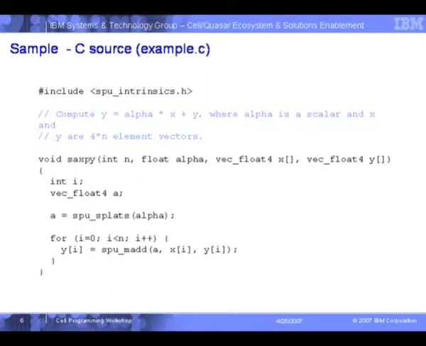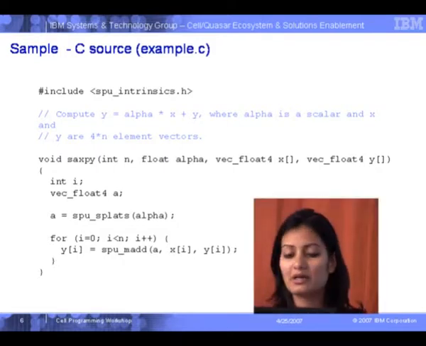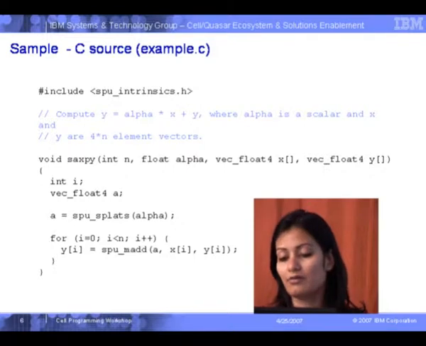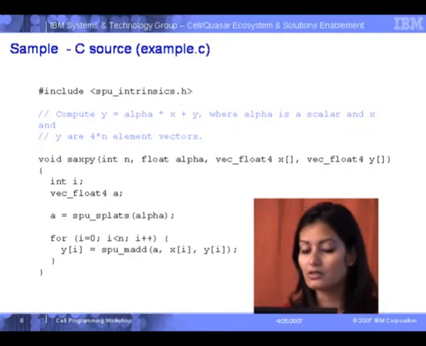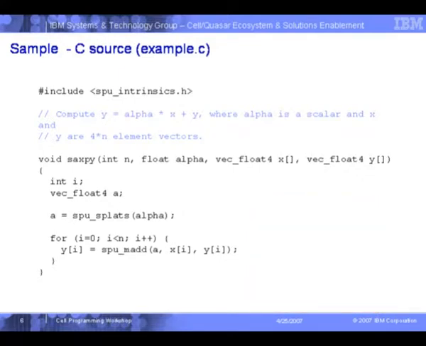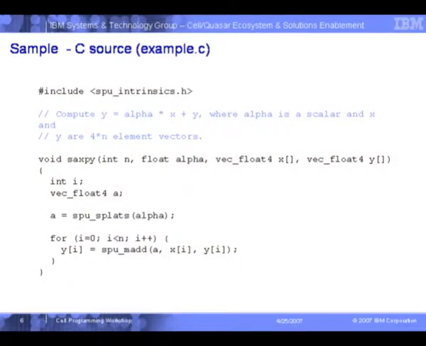Now let's look at a source file and see how this tool is used. There's an input number n coming in, and one float variable coming in. There's an array of vec_float, x, and another array y. spu_splats takes a scalar input value and produces a vector.